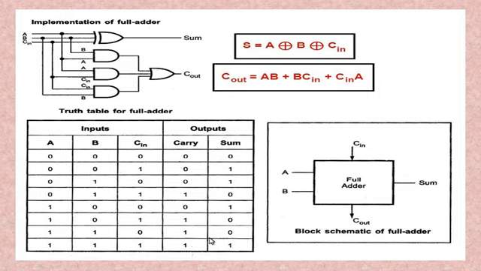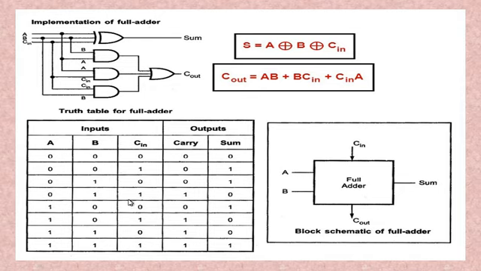Now students, observe this column of sum. If you analyze this column, then you get the clear idea that this is an odd-even parity checker column. Means if an odd number of inputs are high, then output will be high. Here odd number of inputs are high, output will be high.